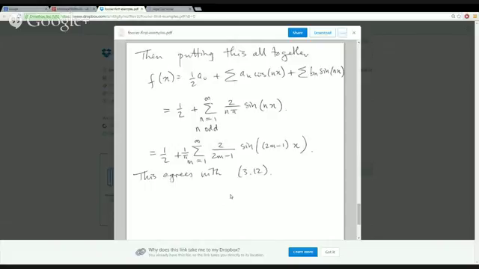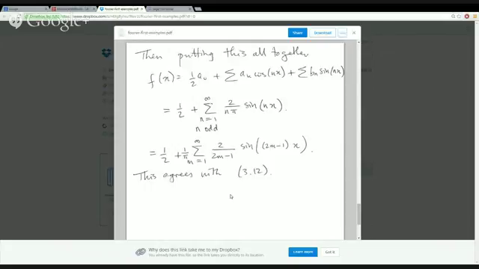You're summing over this index m, but the way m occurs here is 2m minus 1, so you're just going to pick out all the odd integers. When m is 1, it hits 1 first, so it'll be 2 times sine of x, 2 over 3 times sine of 3x, 2 over 5 times sine of 5x, and so on. You're only going to pick out those odd integers.